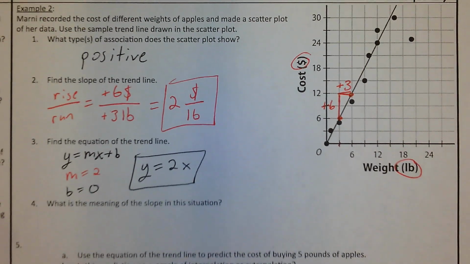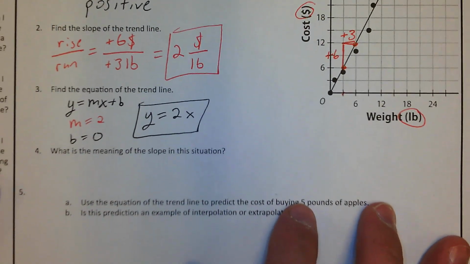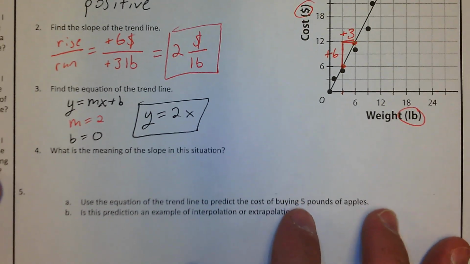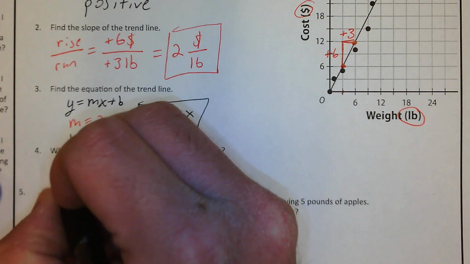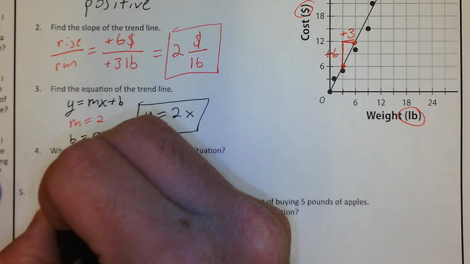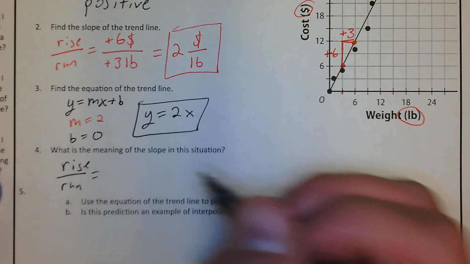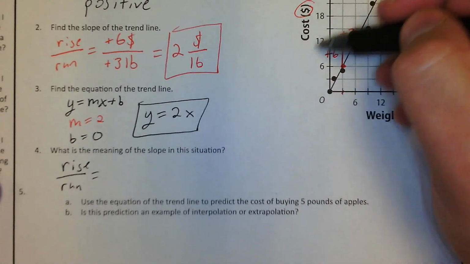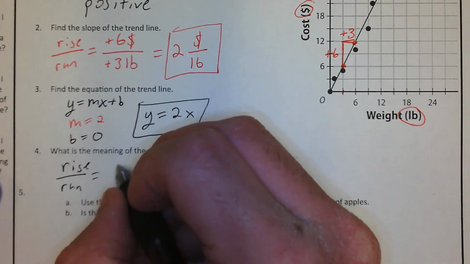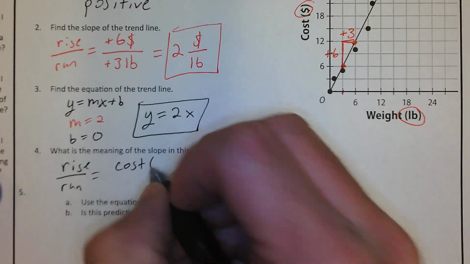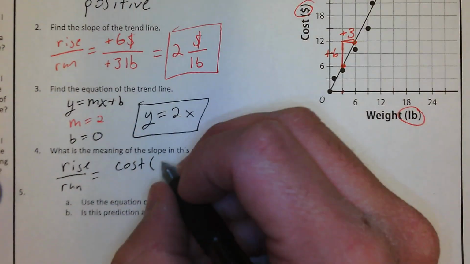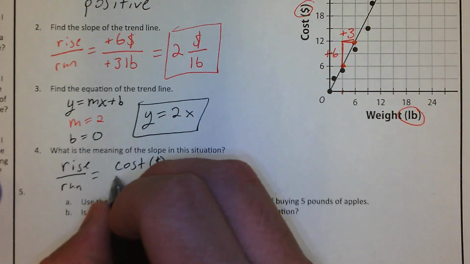Then, question number 4. What is the meaning of the slope in this situation? Well, we already talked about this a little bit. So again, we have our rise over our run. My y values, my change in y, are going to be the cost of the apples in dollars.